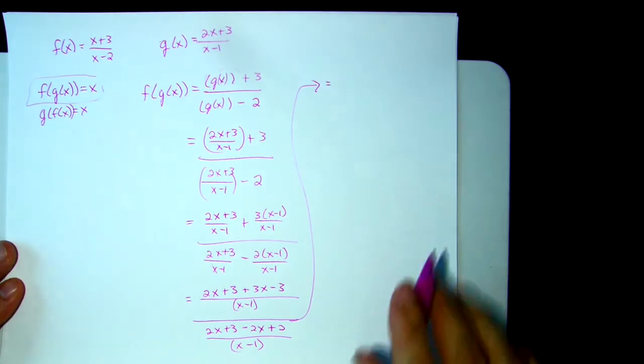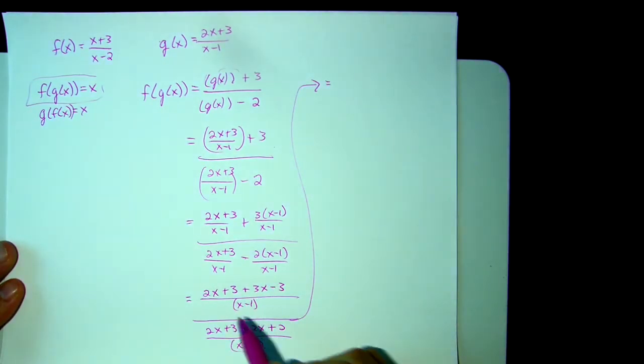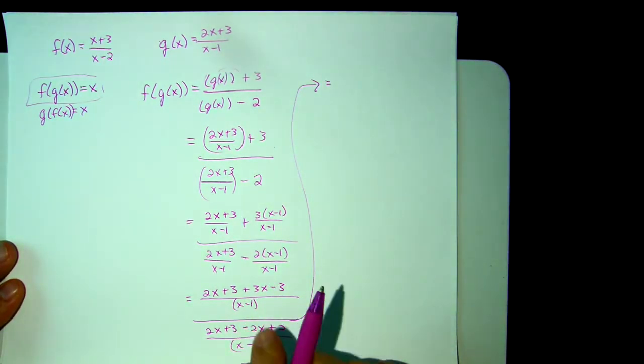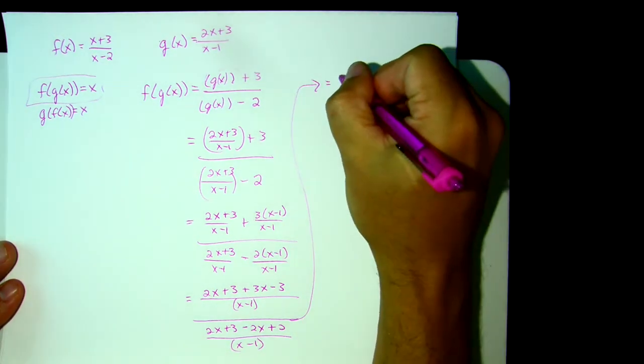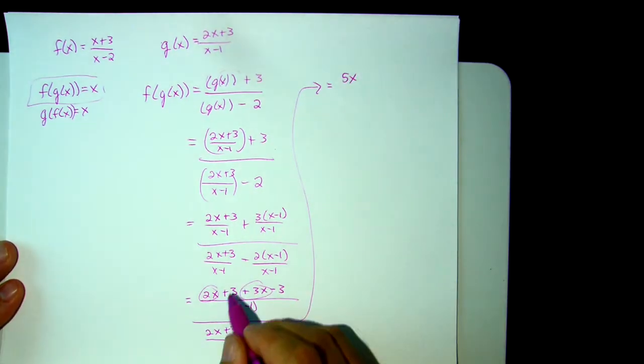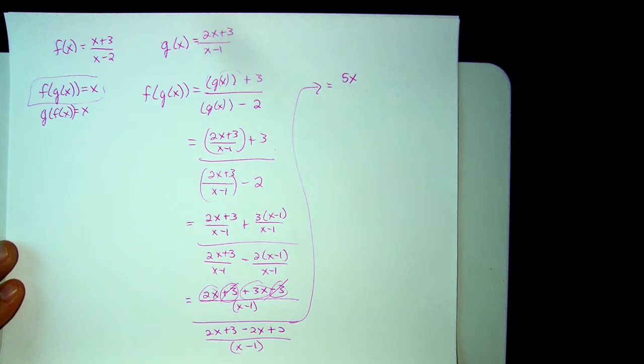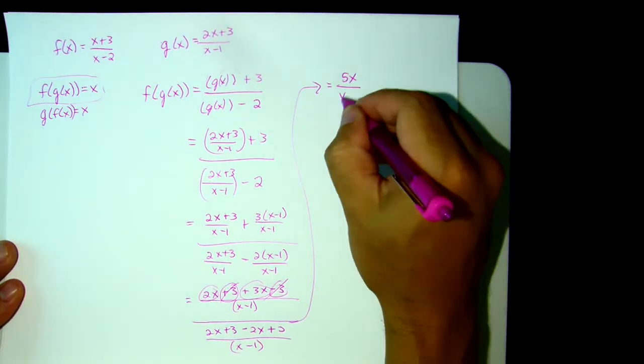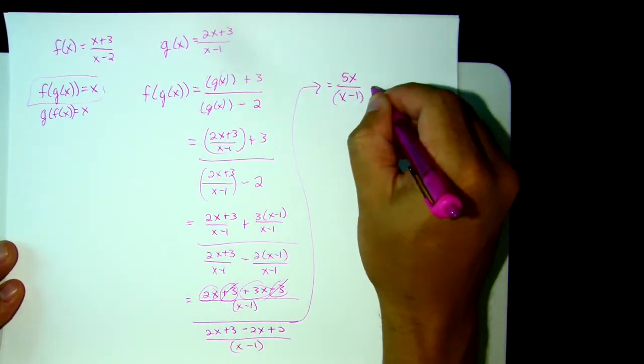Now I'm going to combine like terms. And what do we do when we divide a fraction by a fraction? We invert and multiply. So this 2x and this 2x give me 5x. Plus 3 minus 3 is 0, so that goes away. And I have x minus 1 in the denominator.